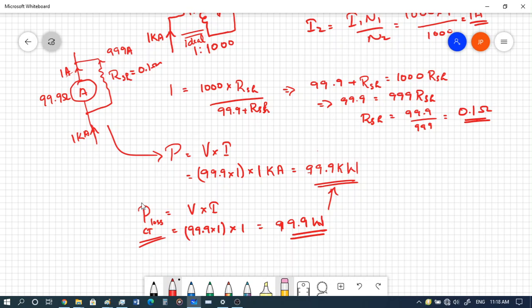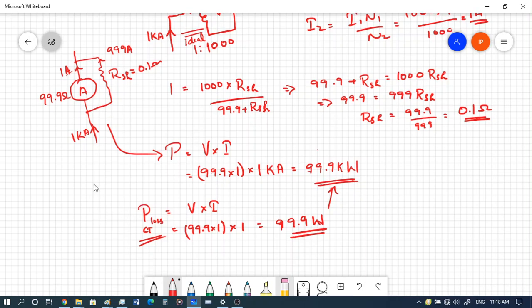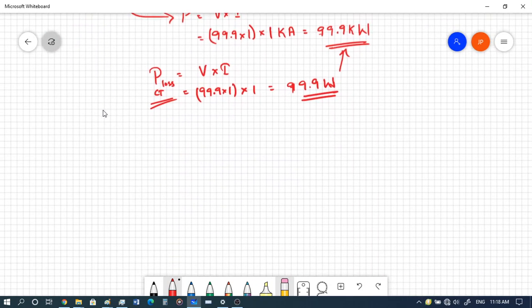Now, what are the other advantages? There are a lot of advantages in this case.